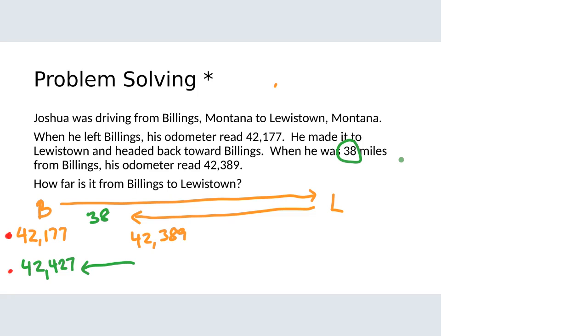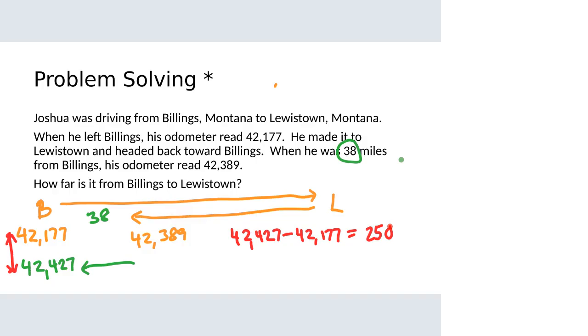So the total distance driven round trip would be 42,427 minus 42,177. That's 250 miles. Nobody had that as an answer, which is great because it's easy to forget that divide by 2 step.